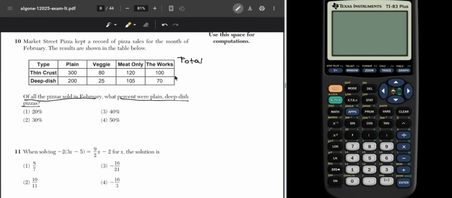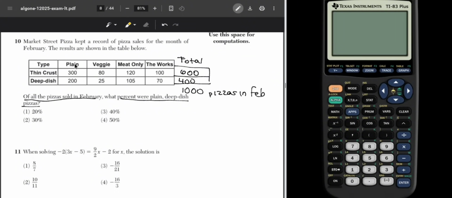Okay? So, the total of everything would mean that for thin crust, I have a total of 600 pizzas. For deep dish, I have a total of 400. So the Market Street Pizza sold 1,000 pizzas in February.